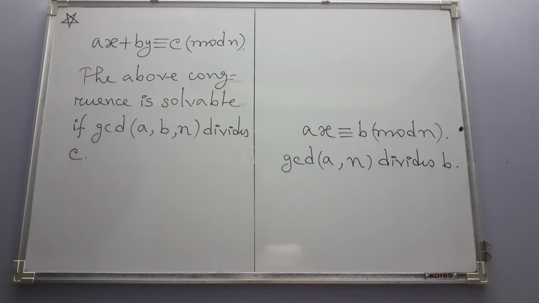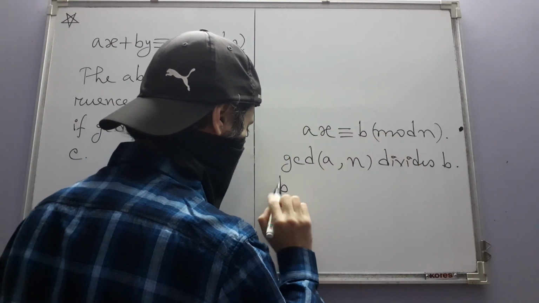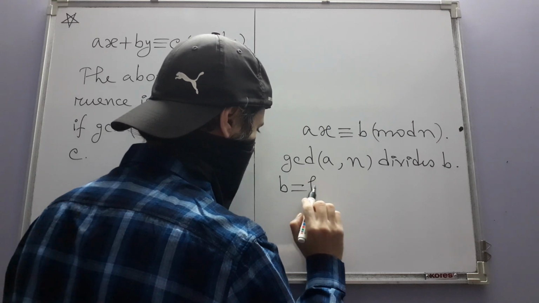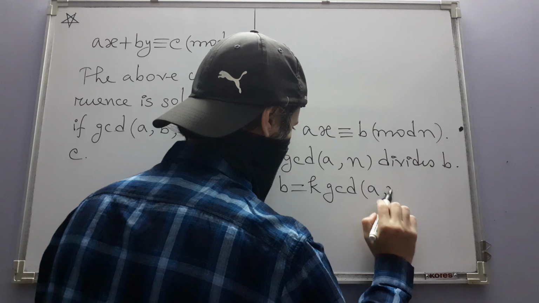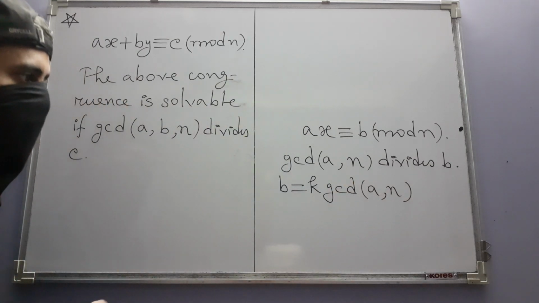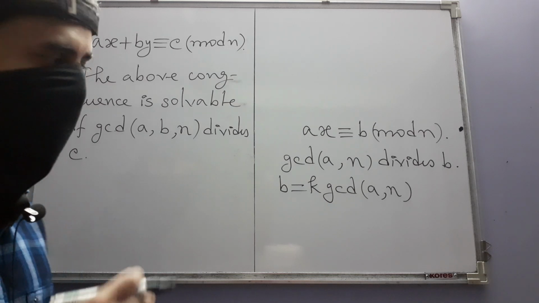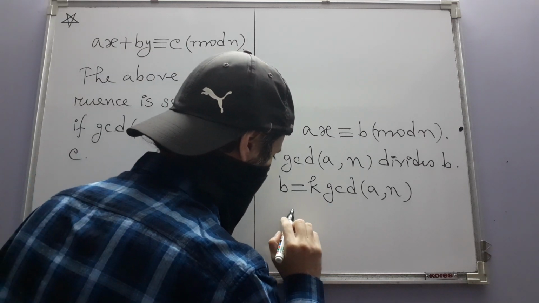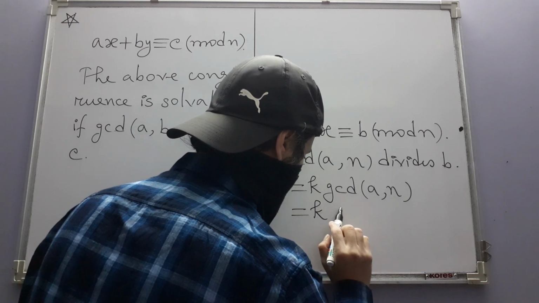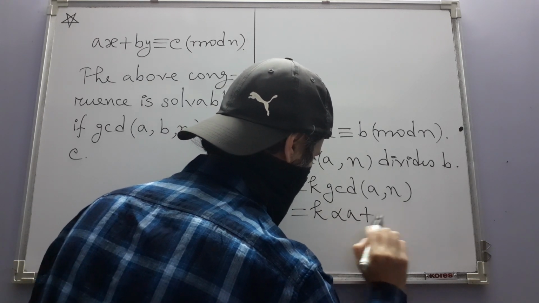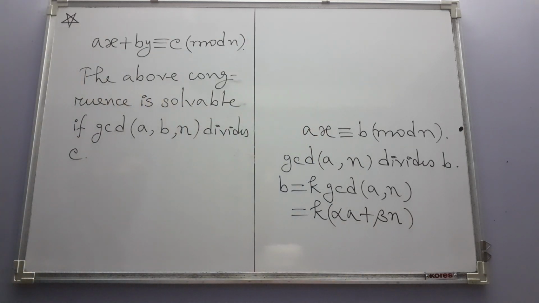That is because you know that when that happens, then B will be some integer k times this GCD, and you also know that the GCD of A and N itself is a linear combination of A and N. That is, you will be able to express this GCD as some, say, alpha A plus beta N for some integers alpha and beta.